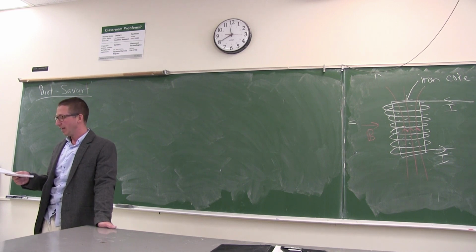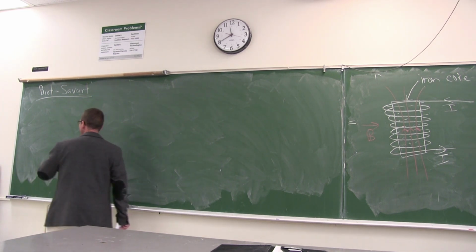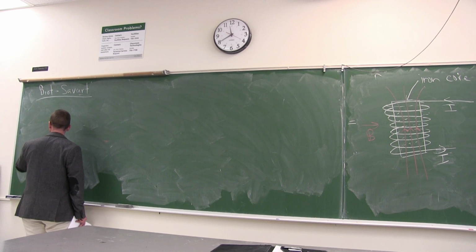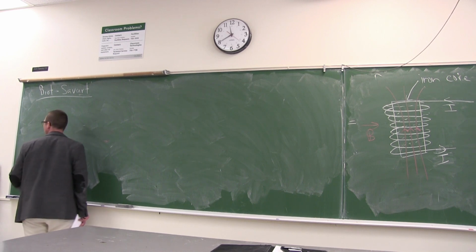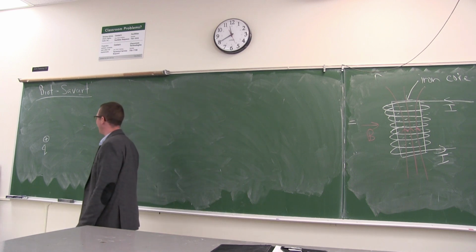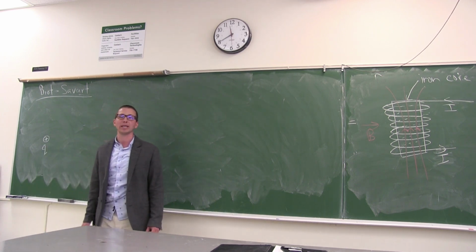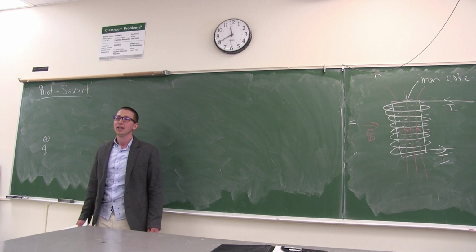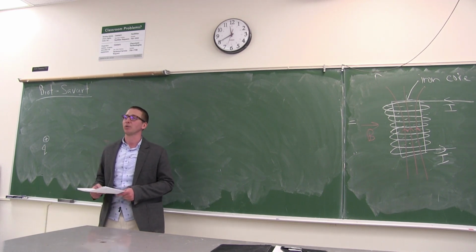What it says is if I have a positive charge plus Q, we know that plus Q creates an electric field. We already calculated what the electric field due to Q is when it's stationary. That's Coulomb's law. But I mentioned that Coulomb's law doesn't work for charge that's moving.